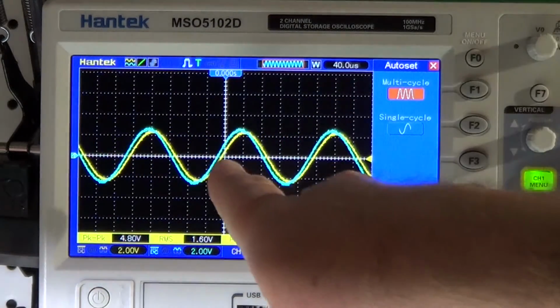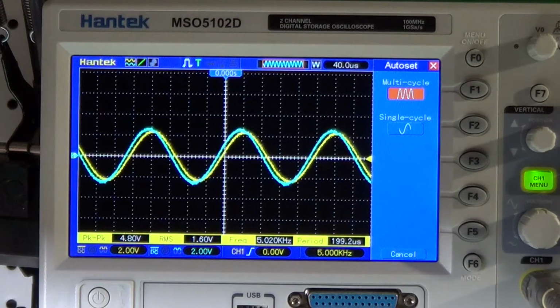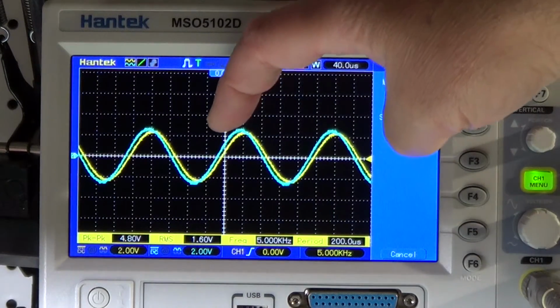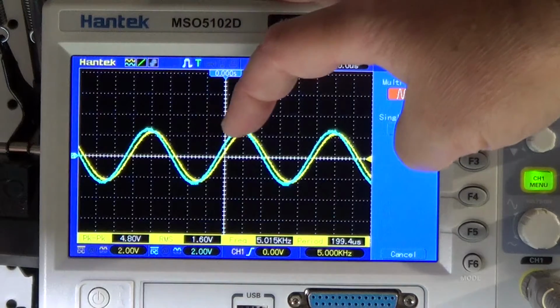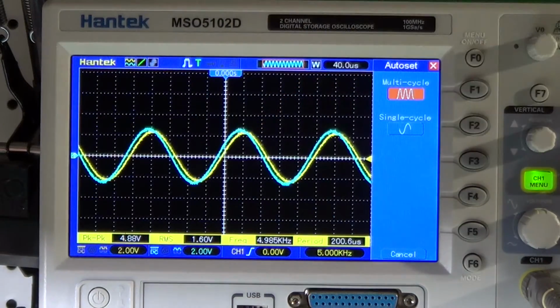Look at that. You can see there is a phase shift between the input voltage in blue and the output voltage in yellow. And you can see that this time the output voltage is delaying with respect to the input voltage.